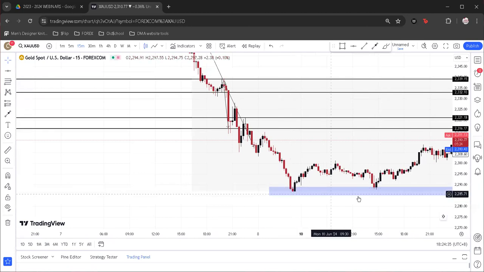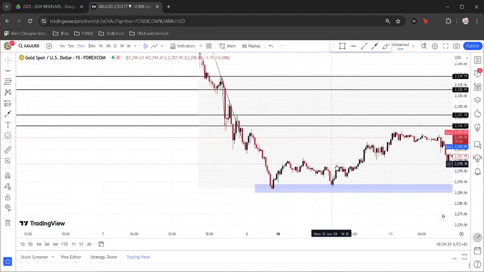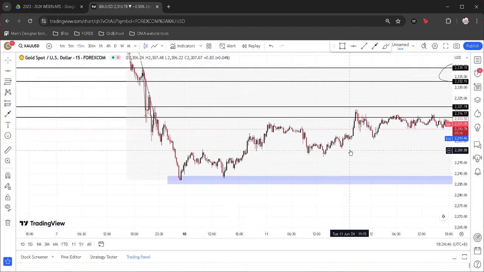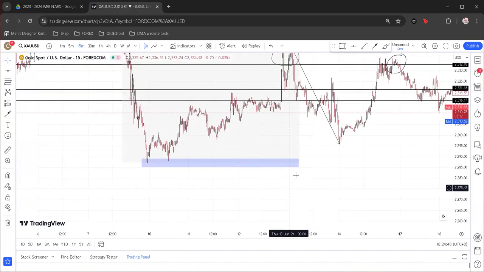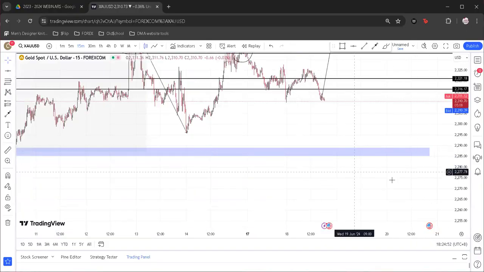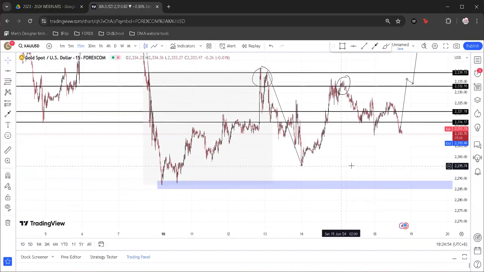There's a supporting zone here, and then it created a supporting base. This is the base because it's not touching the base at all. Even up to current market prices, it is still not touching the base.